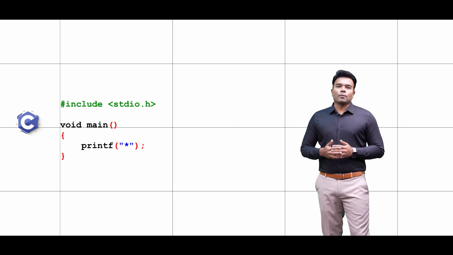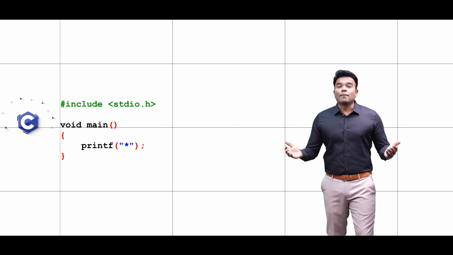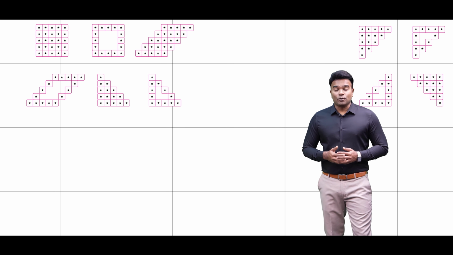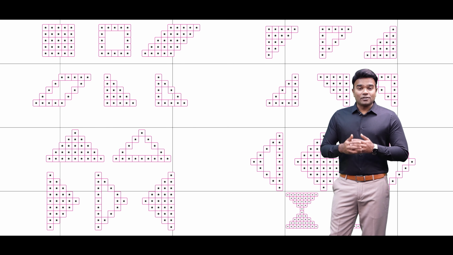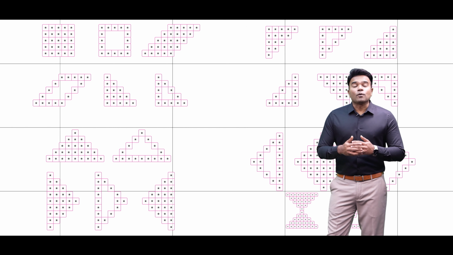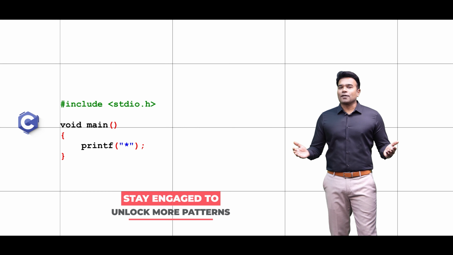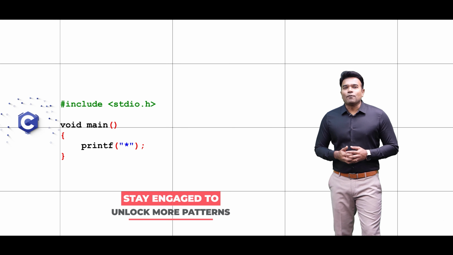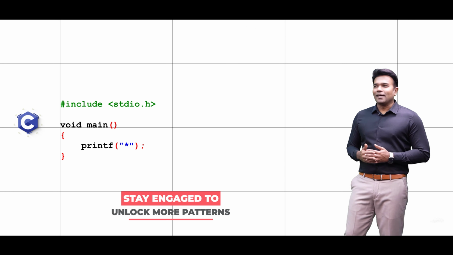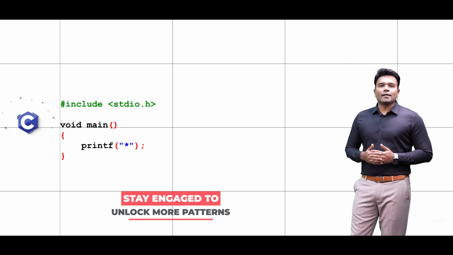And then you should write the code around this print command in such a manner that you are able to generate any of these patterns. Moving forward, you shall learn that by having just a single star within the print command, you shall be able to achieve all of these different patterns. And if you want to learn about all of this, then you need to continue to watch this video series.